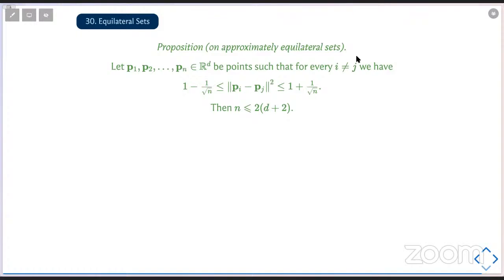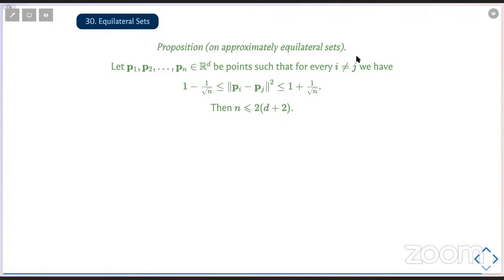But anyway, the point is that those two distances have nothing to do with each other. Whereas here, when we talk about approximately equilateral sets, what we are saying is, you have a bunch of points where, here, this is not quite the Euclidean distance but the squared Euclidean distance that we are talking about. So for every pair of points, their distance is within a 1 plus minus 1 over root n window of 1. So they're almost unit apart in some sense.